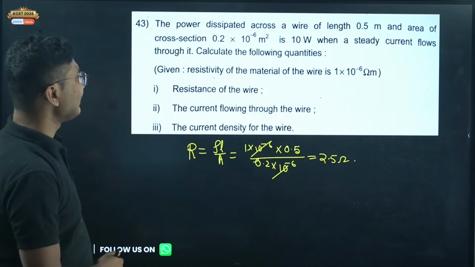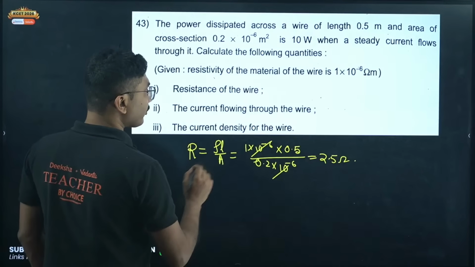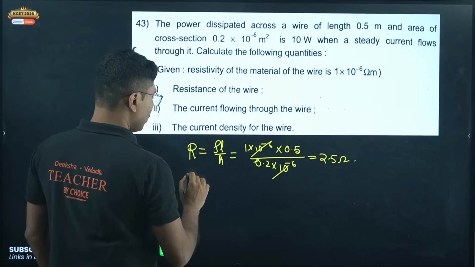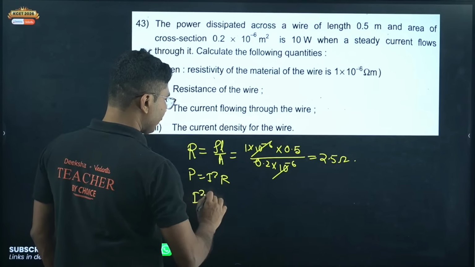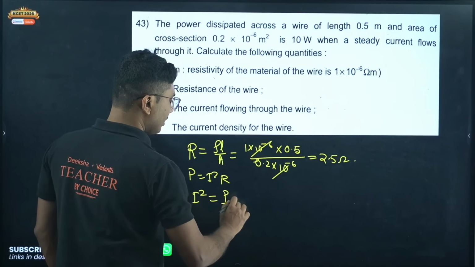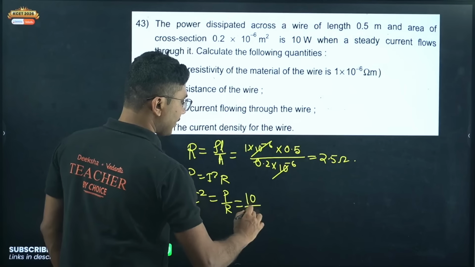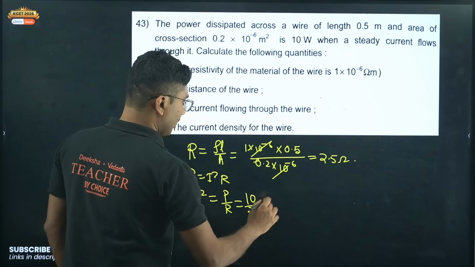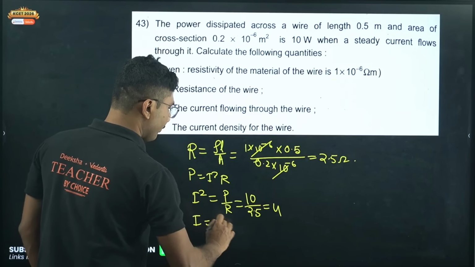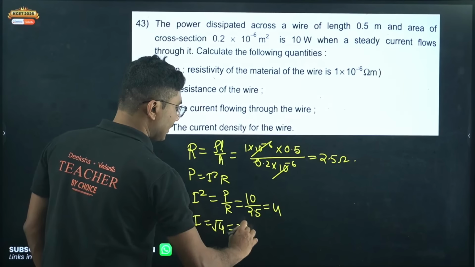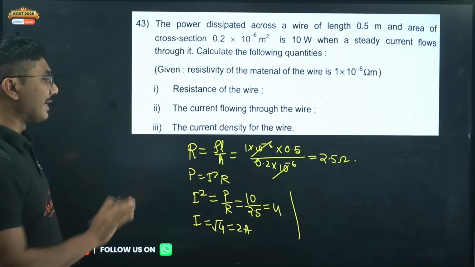Okay, next is current flowing through it. Power is given, so power equals I square R. So from there you can calculate I square equals P upon R. Okay, power is 10 watt divided by 2.5, so it will be 4. Now this is I square, so I will be square root of 4, that is 2 ampere. Now also they have asked you current density.